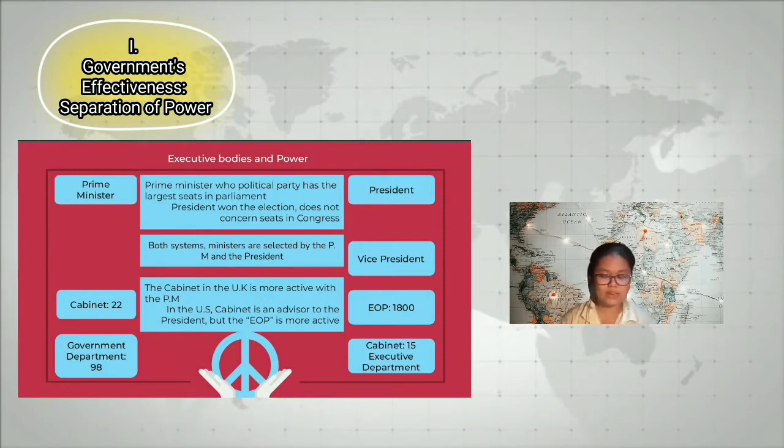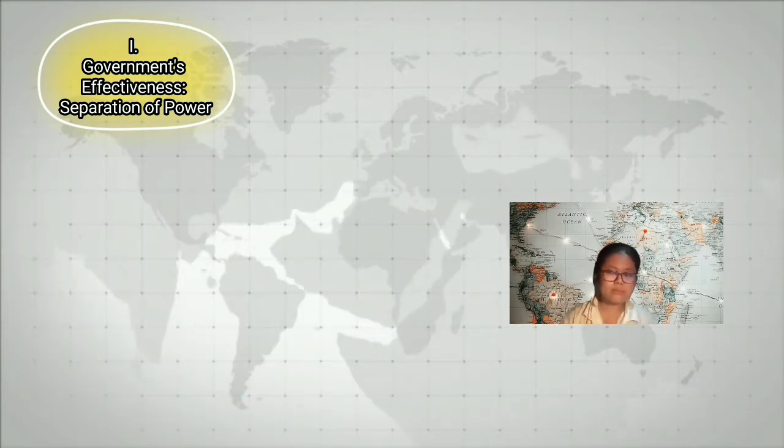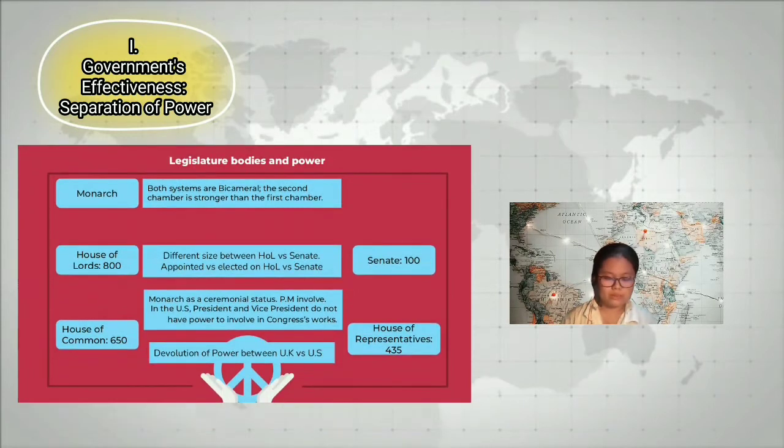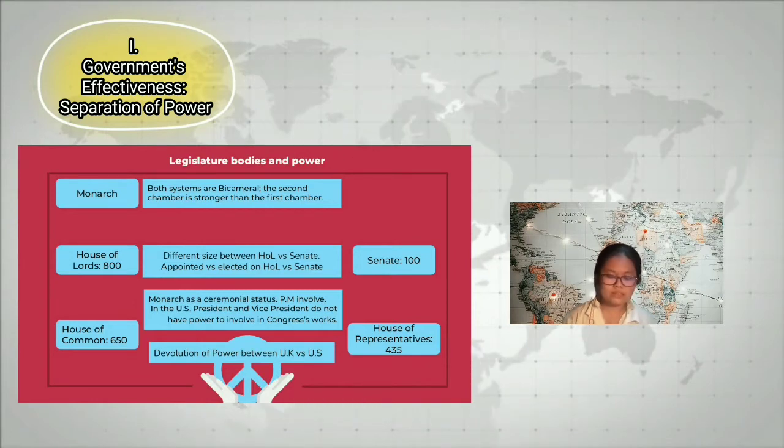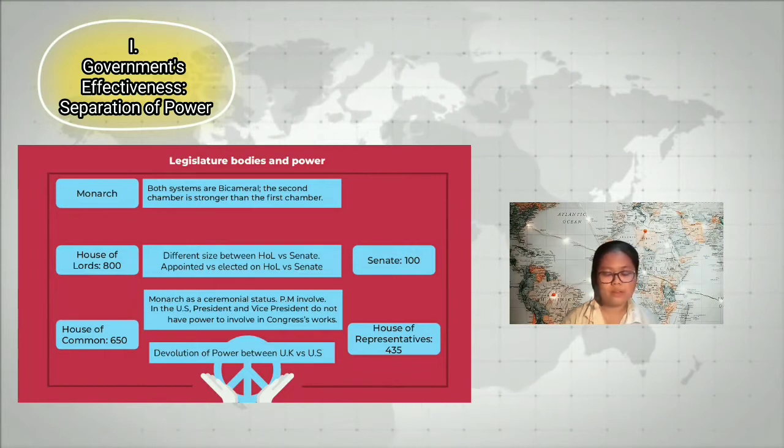Turning to the legislature, both systems are bicameral. As mentioned, in the UK the monarch has a ceremonial status, while the influential one is the Prime Minister, who influences both the executive and the legislative body.